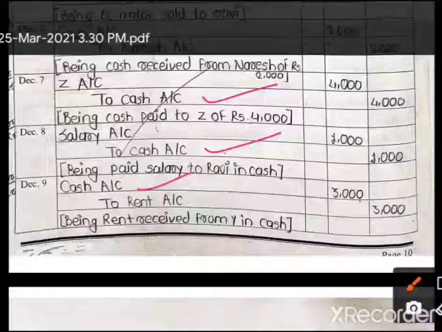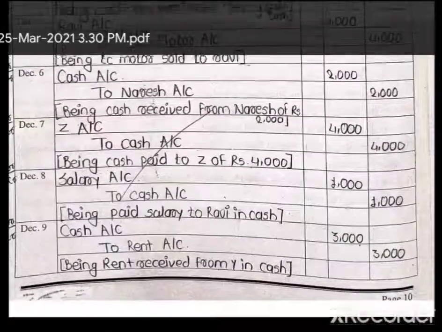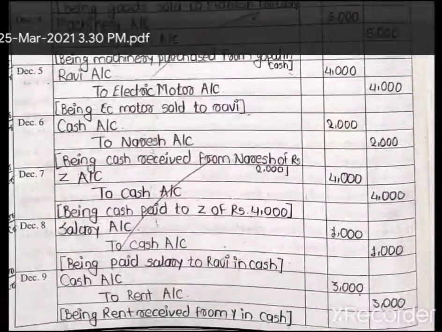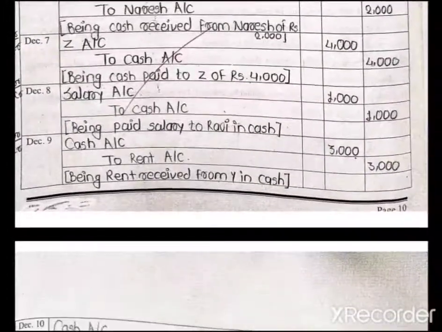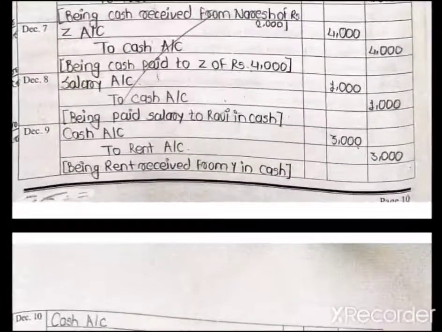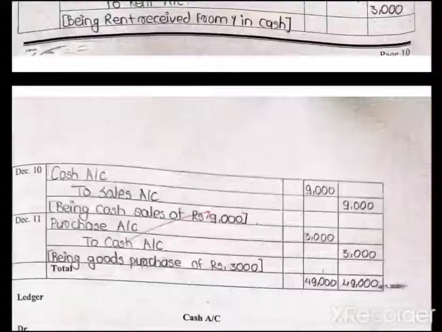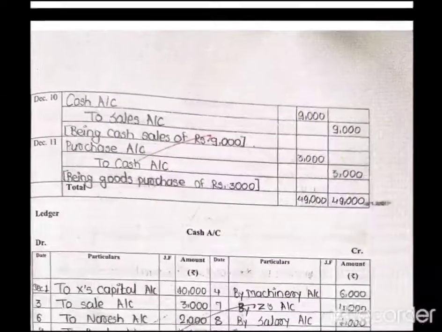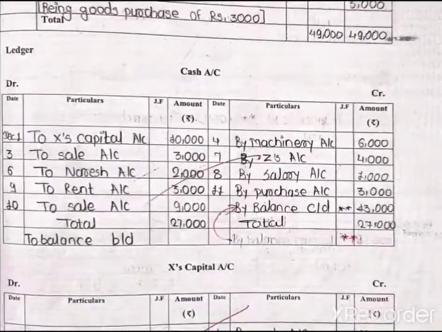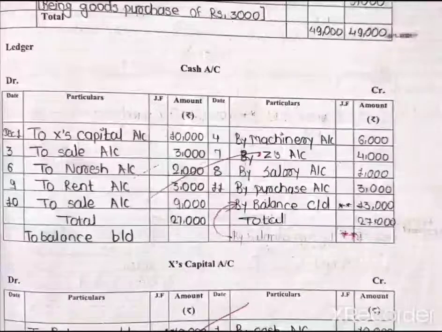So you can repeatedly see that cash is debited and credited. It is difficult to check the journal to find out at what all places the cash is debited and credited. That is the reason we prepare a ledger.